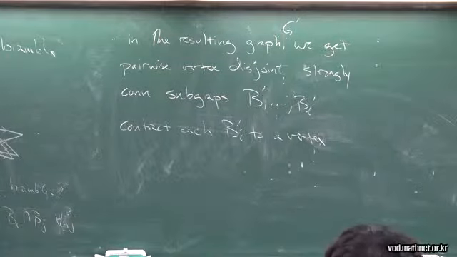So after I do that, the resulting contracted vertices form a bidirectional clique subgraph.